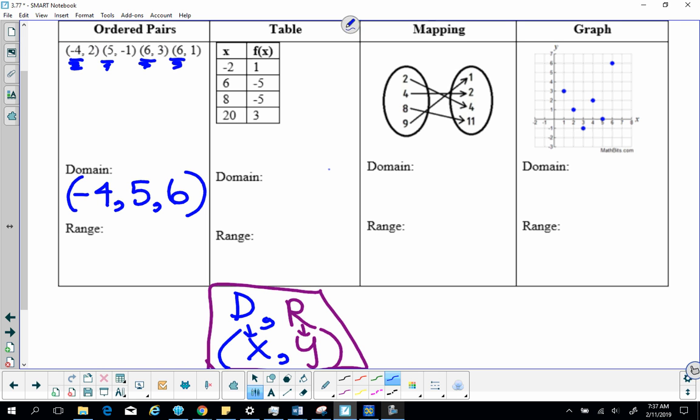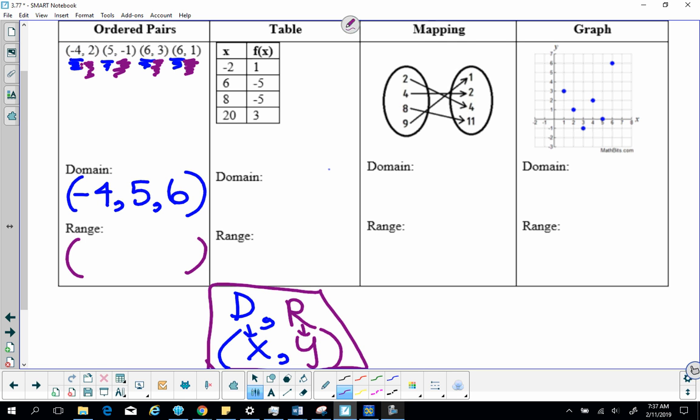Your range you're going to use in your other color, which are your Y coordinates. So our ranges are these ones. So 2, -1, 3, and 1. So highlight those in the other color you chose. And when you write your range also, you always start with the smallest number.